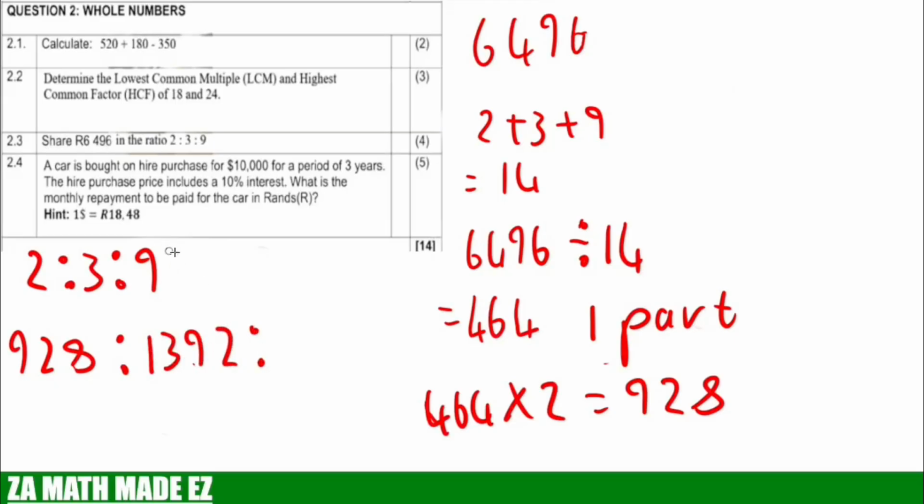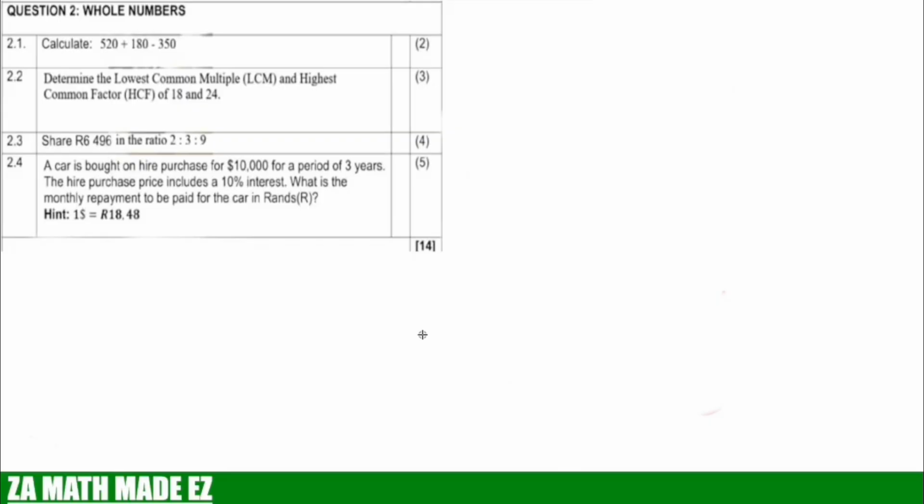And we take the 9 times 464. That would be 4176. And we got this number 464 by dividing 6496 by 14, and the 14 we got from adding all the numbers in the ratio together. Okay, and this all should equal 6496.